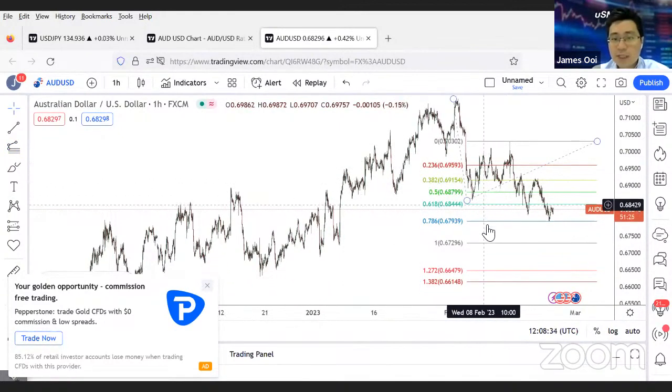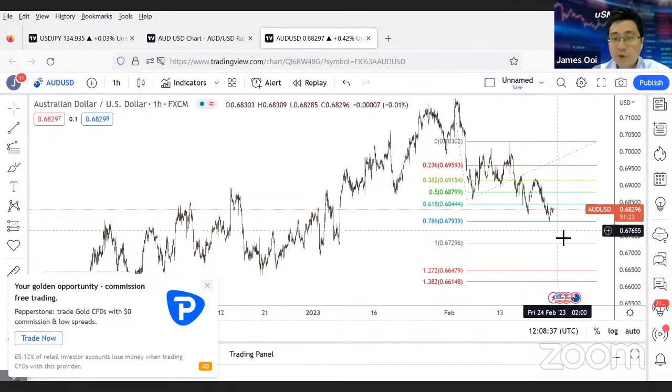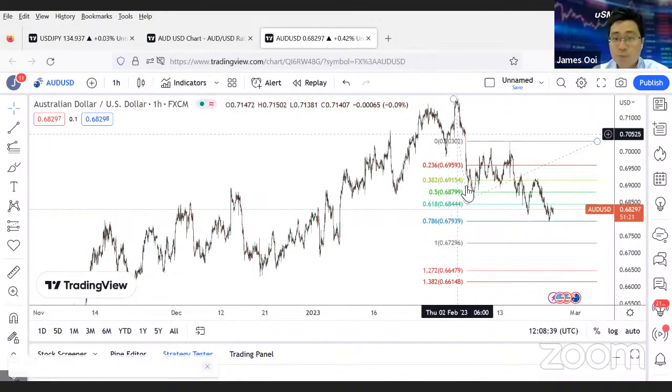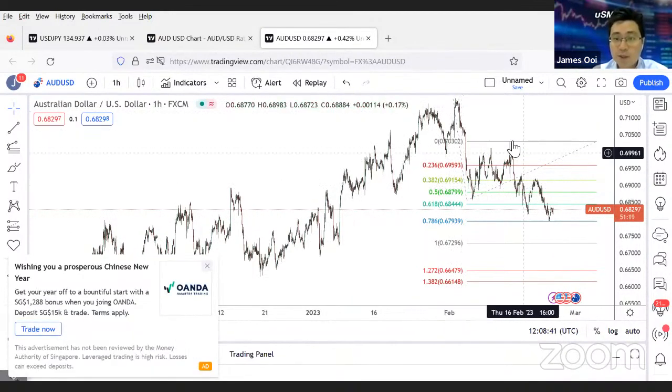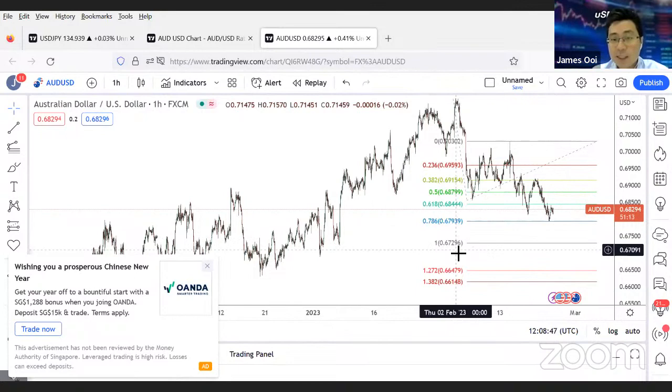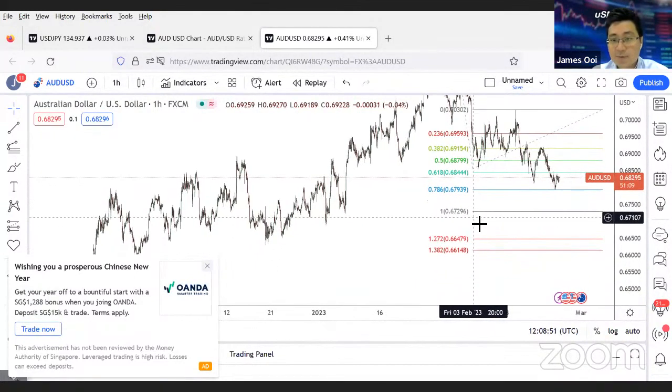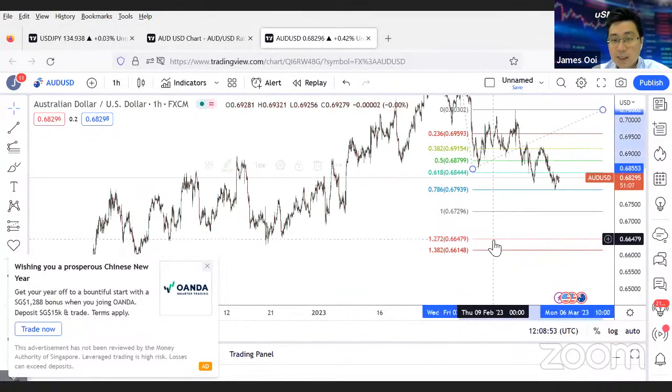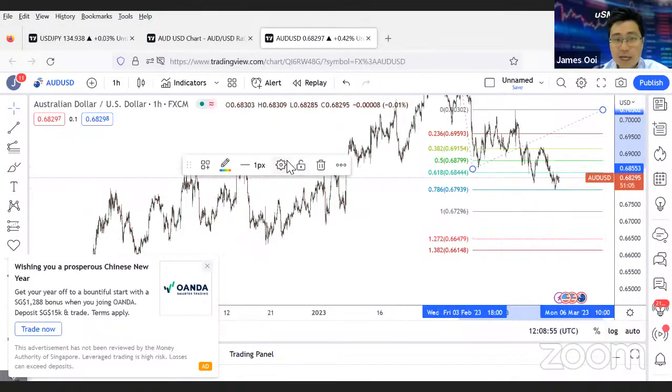So you can see over here that based on the Fibonacci expansion itself, if it repeats the same point A to point B, and then goes from point C to point D over here, the profit target is 100% at 0.67296 itself.